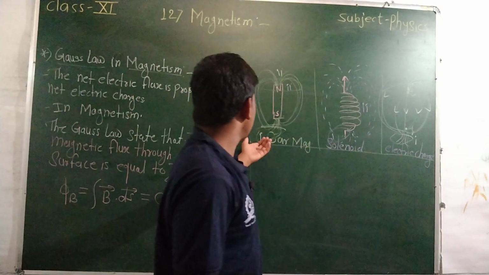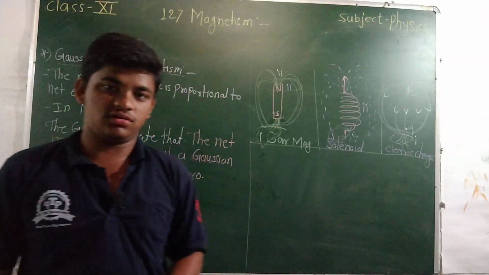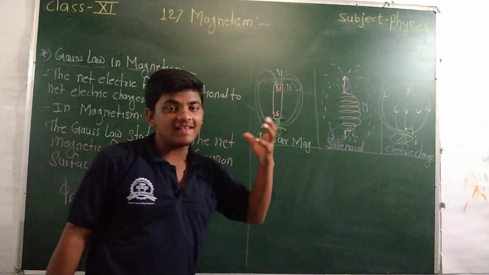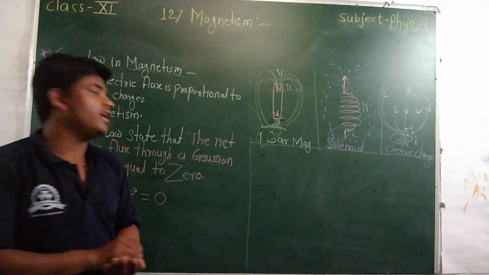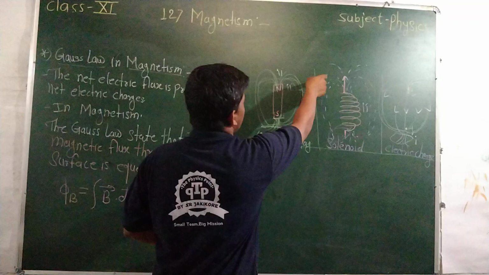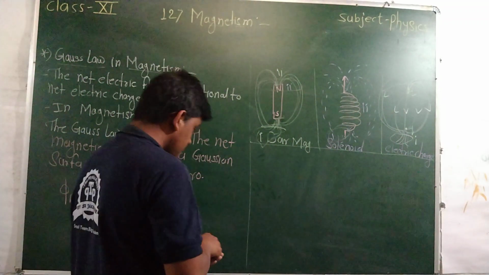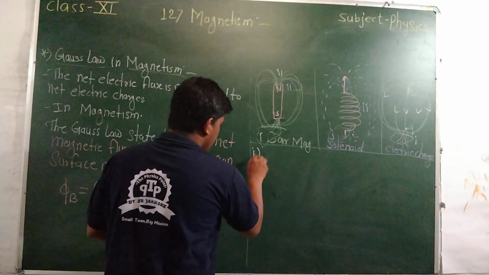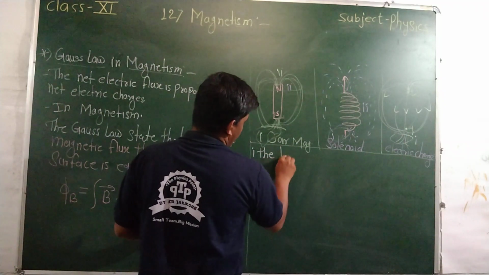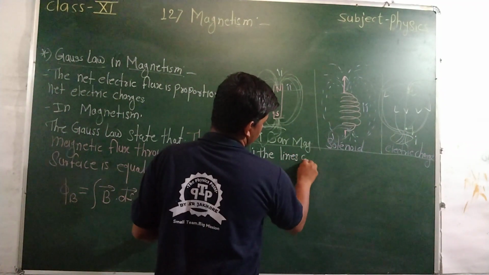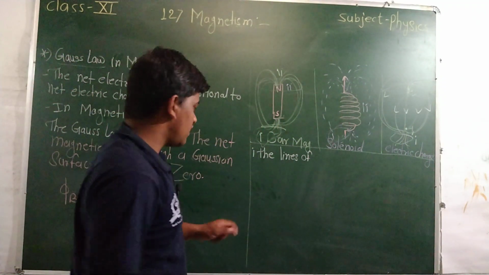In the three different figures, on the bottom side, surface 1: the number of lines of force entering and leaving surface 1 are equal. It is not shown numerically, but they are equal. Here there are electric lines of force, and in these two figures there are magnetic lines of force.